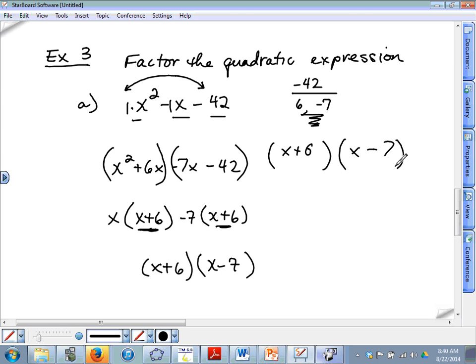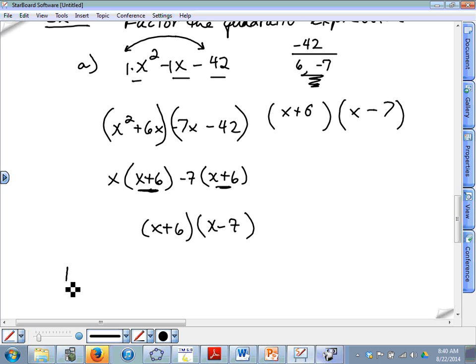Okay. Let's try it on a little more difficult scale here. Part B. 6x squared plus 7x minus 5.